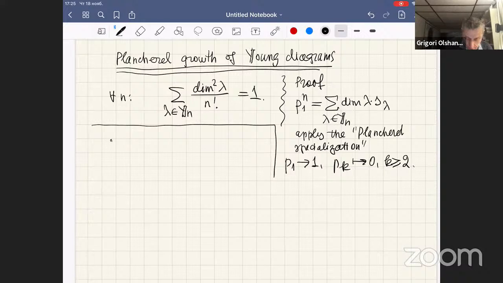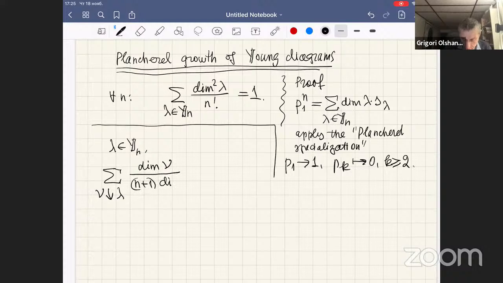Assume that lambda is again here, and we have an identity that the sum over nu, which are obtained from lambda by adding a single box, of dim nu divided by (n plus 1) dim lambda, again equals 1. Okay, and this can be proved.